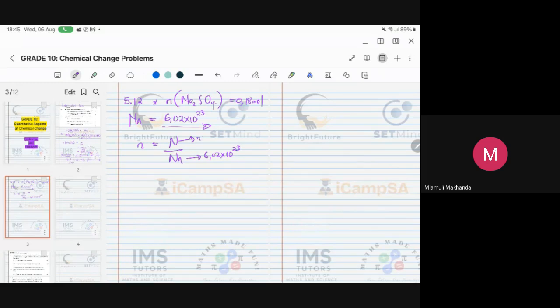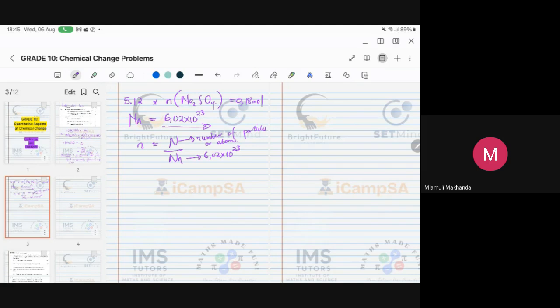So here, this is the number of particles given a certain number of moles. They would say number of particles or number of atoms. They mean the same thing, right?